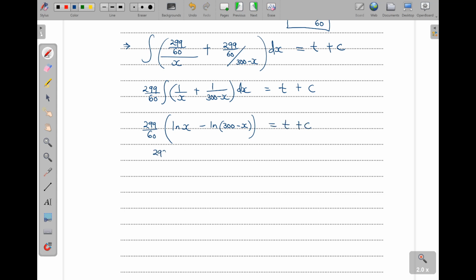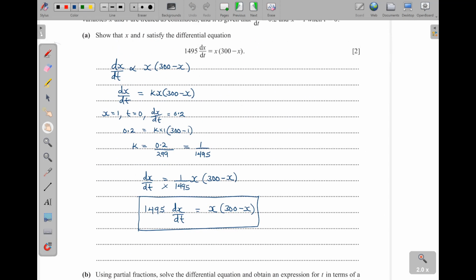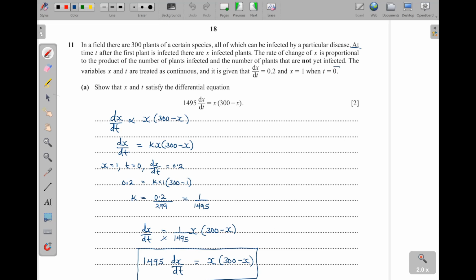I can simplify this one and write it as a single logarithm. Then I'll have natural log of x out of 300 minus x, because you know that when logarithms to the same base are being subtracted, then we divide the powers. So that is t plus c. Okay, but then we were given here that when x is equal to 1, t is equal to 0.